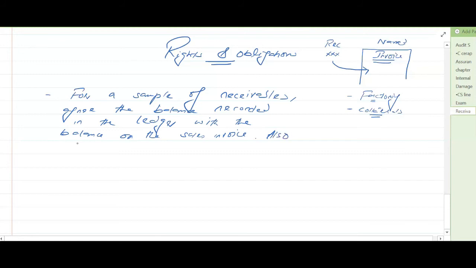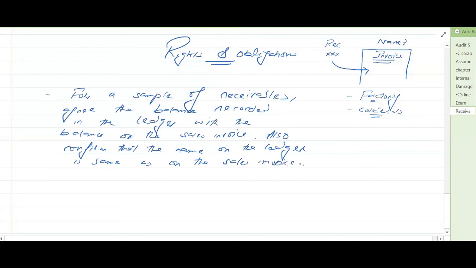Also confirm that the name on the ledger is the same as on the sales invoice. Because when you maintain an individual ledger, this ledger has a name, for example, Mr. XYZ, and then there is an invoice sent to XYZ. These should be the same.